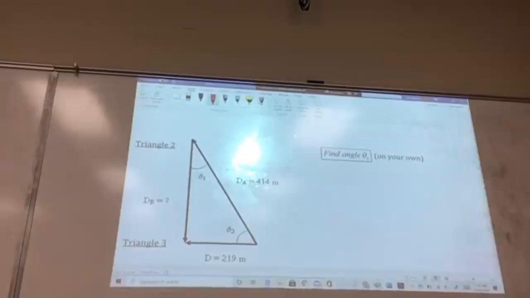So sine is opposite over hypotenuse, cosine is adjacent over hypotenuse, and tangent is opposite over adjacent. Yes, it's always going to be that way, forever. And on your other packet, it has that mnemonic on it.